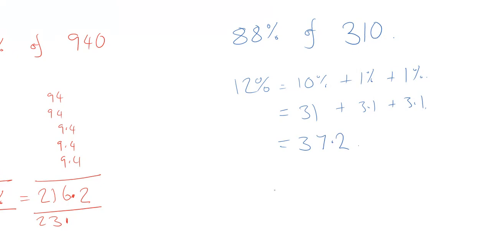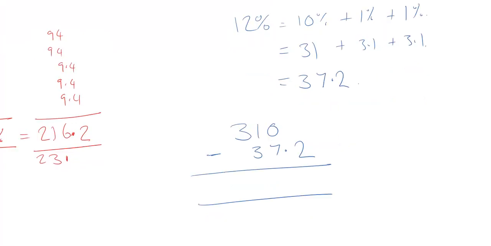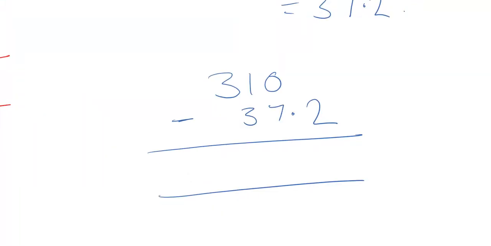Now, I'm going now to work out 88%. I'm going to take that away from our 310 because that 310 is worth 100%. So 310 take away 37.2. I'll do this with a standard subtraction because it's nice and complicated. It's another thing to practice. So we're going to borrow and place 1 there.